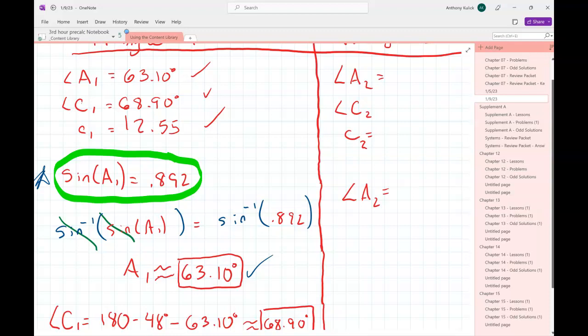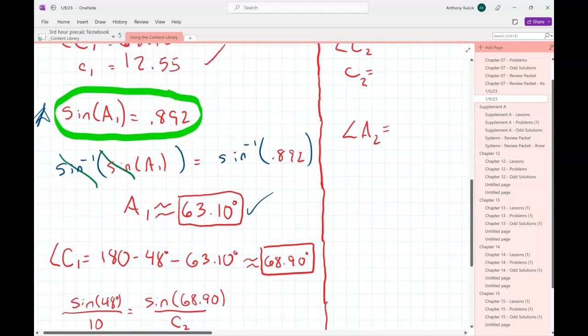That's my answer for angle A in triangle 1, so I labeled that as A1. To find angle C, I know there's only 180 degrees in the triangle. So once I have 2 angles, I can find the third really easily. So I did 180 minus angle B minus angle A1, and that gives me my angle C1.